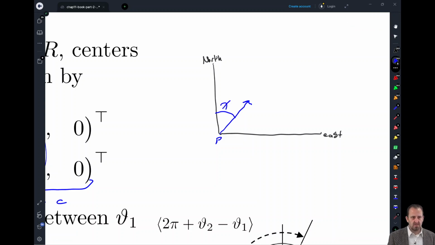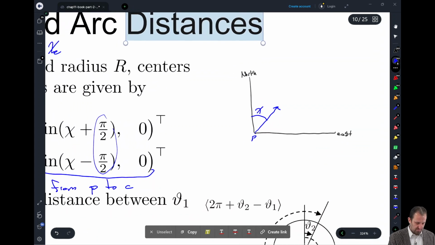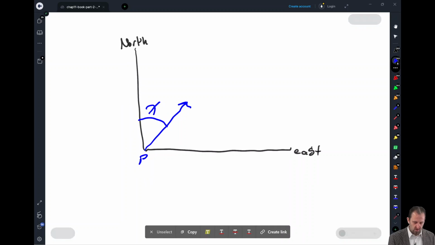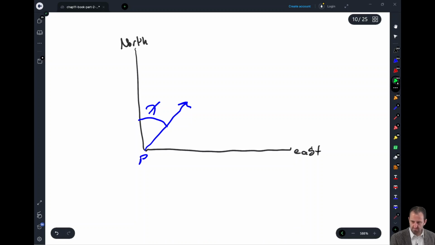So we have our starting point and our orientation. The reason why we have a plus pi halves and a negative pi halves is just to look at, we want to know what the orientation of the lines pointing to the right and the left are. So let's look at the right first.